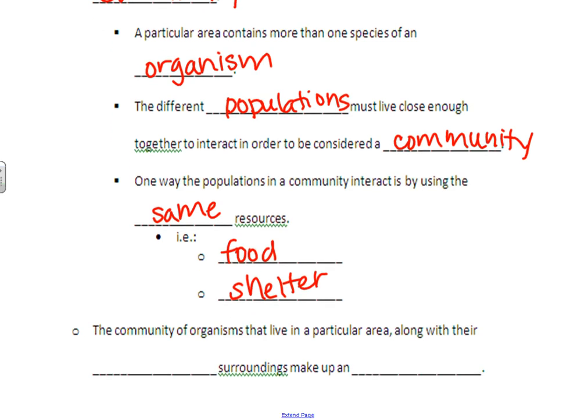Now, the community of organisms that live in a particular area, along with their non-living, abiotic surroundings, makes up an ecosystem.